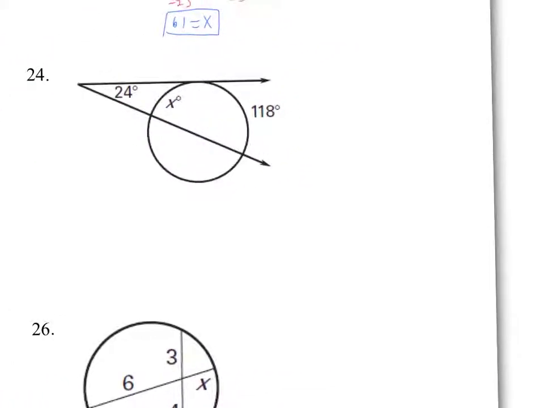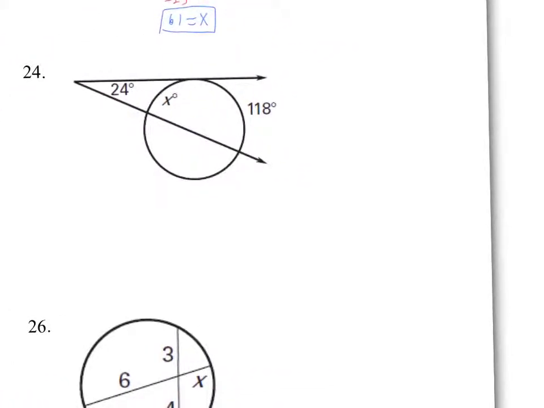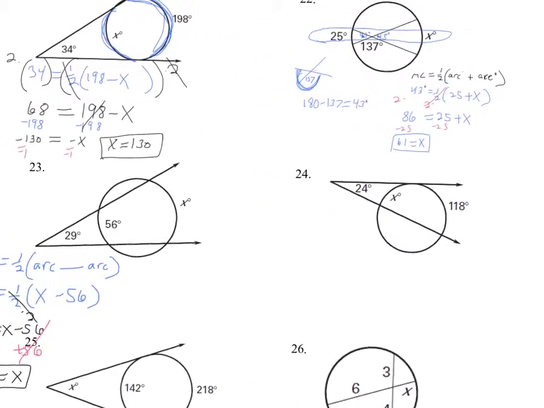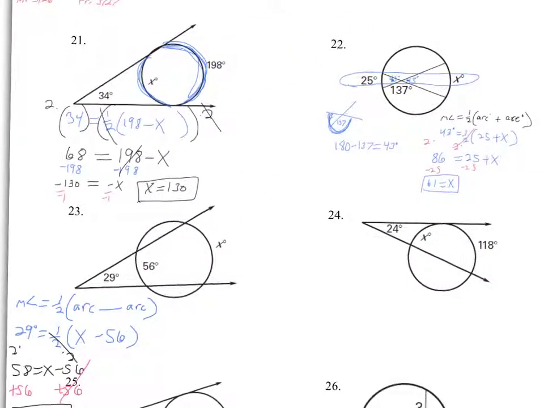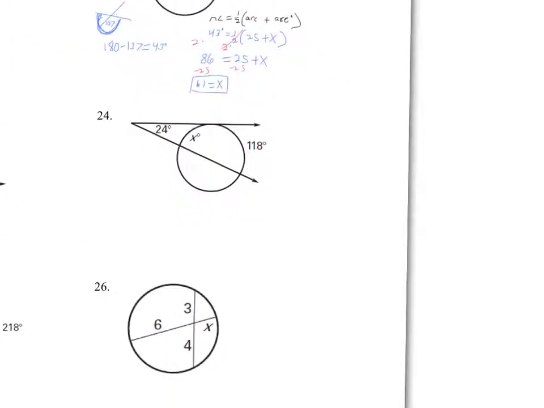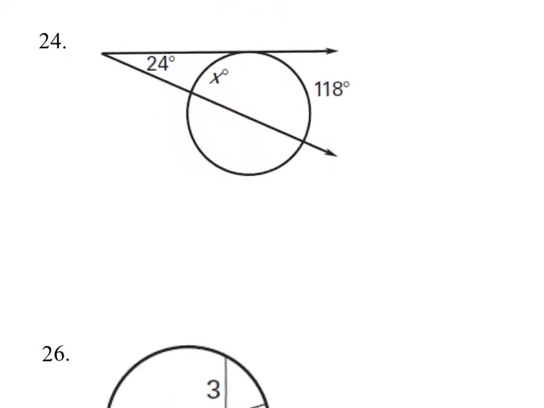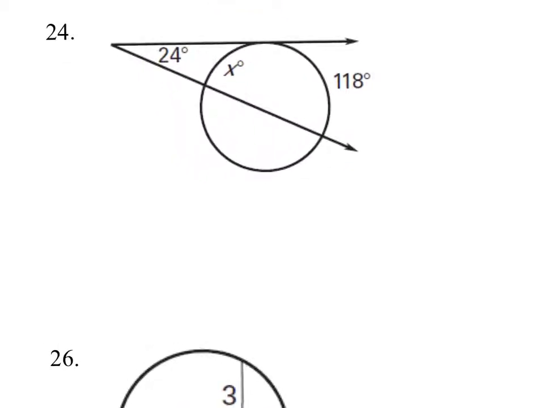All right, number 24. This one is just like the other few that we have done, number 23 and 21. Even though it's a slightly different situation, we have a tangent and a secant. In 23, we had two secants. In 21, we had a tangent and a secant. So there's a few different situations that we can apply that same formula to. So let's go ahead and do that. 24 equals 1/2.